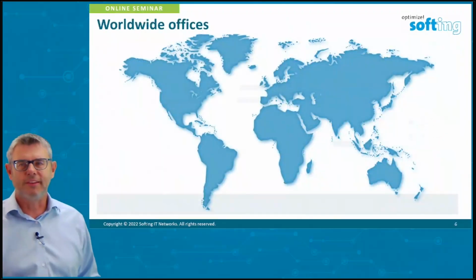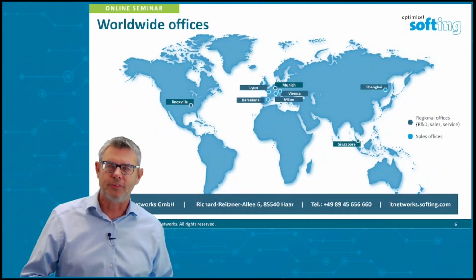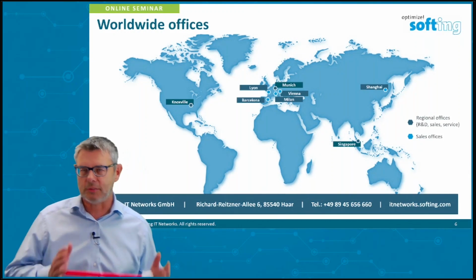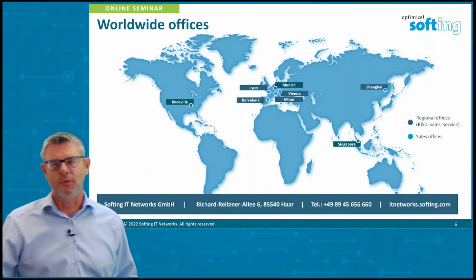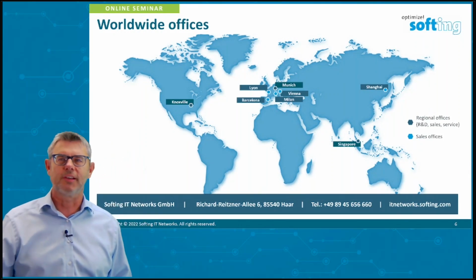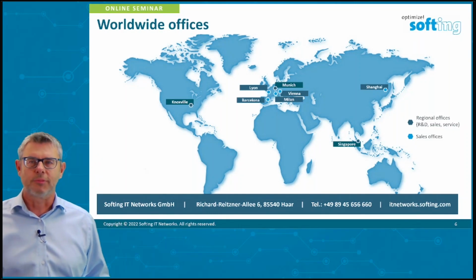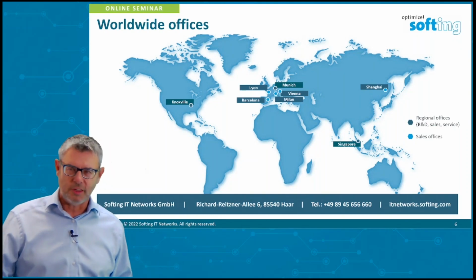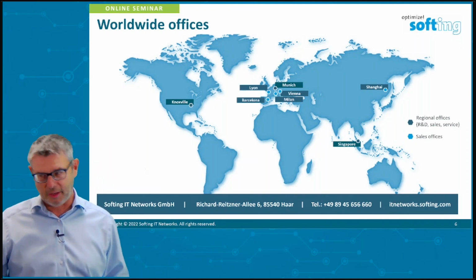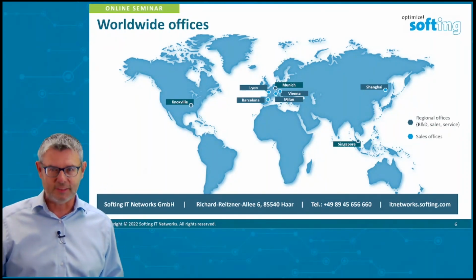Where are we located? Here, a quick view on our worldwide offices. So the headquarters is here in Munich. We have a very strong branch down in America, in Knoxville, supporting the whole Americas. We have also a very strong branch down in Asia, in Singapore, where these high-end test instruments are designed.